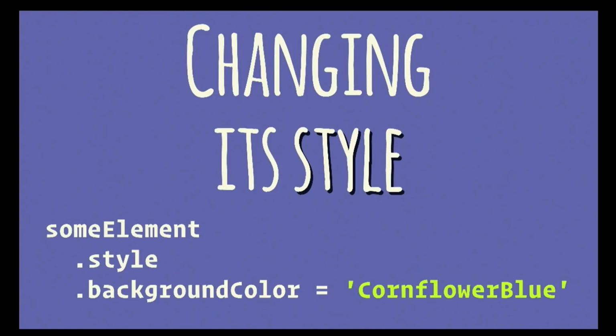And if it's a multi-word CSS property like background color, you camel case it. In CSS, that would be background dash color. In JavaScript, it would be background capital C color. And just assign the value that way. And you can get to any CSS property via that style property on a DOM element.